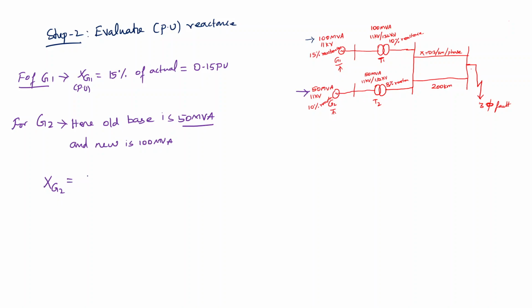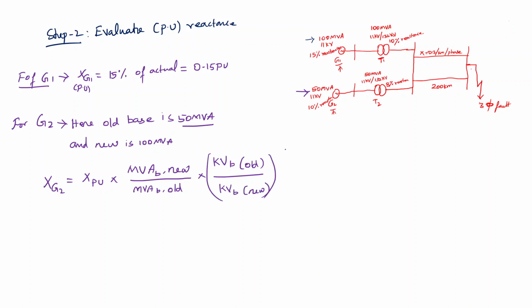The formula is X per unit, actual, which is the old per unit value, multiplied by MVA base new divided by MVA base old, into kVB old divided by kVB new, the whole square.